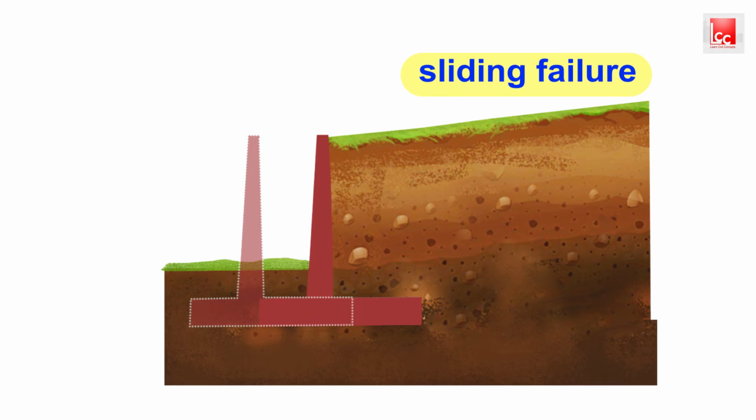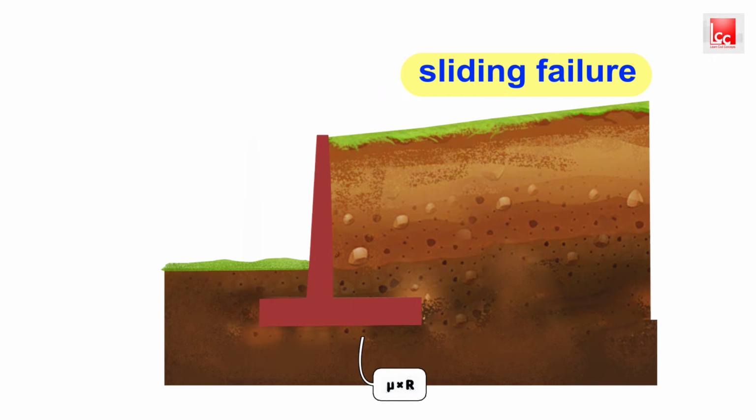The friction force is given by nu times R, where nu is the static friction coefficient between the soil and concrete and R is the resultant soil pressure. When the lateral pressures are high and the wall fails in sliding, a shear key can be provided to increase the sliding resistance.